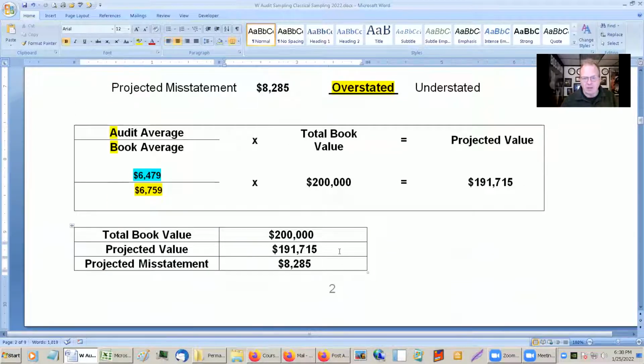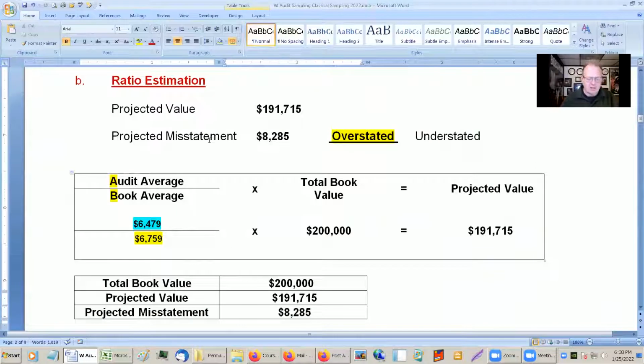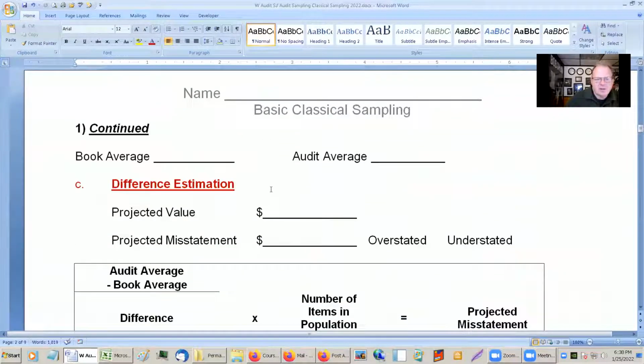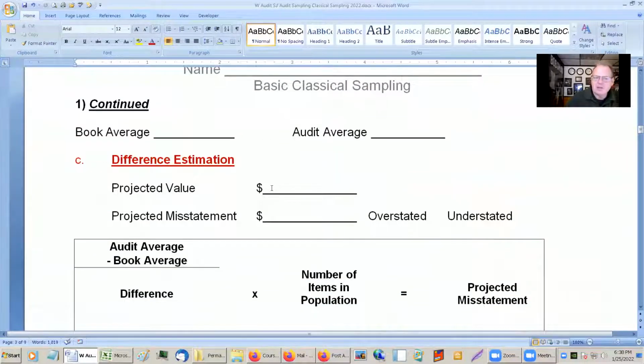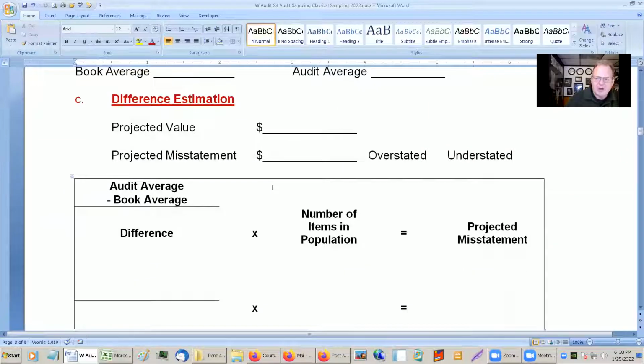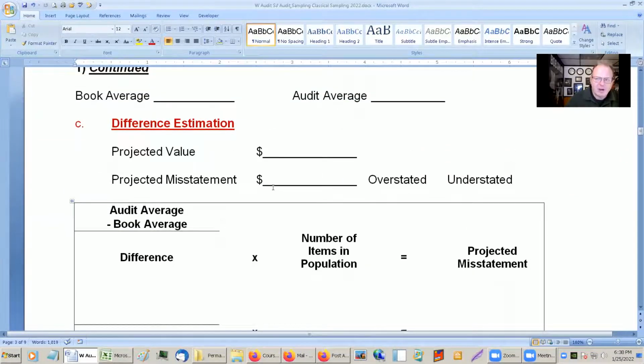So we're trying to get this spread over the population. Ratio estimation says that large items will be off by more than small items, which is kind of intuitive, and probably the way most things work. However, the last one here, difference estimation, says that items will be off by the same amount if they're off.